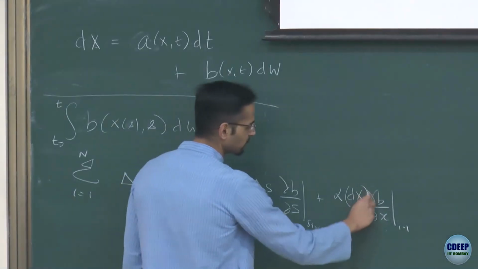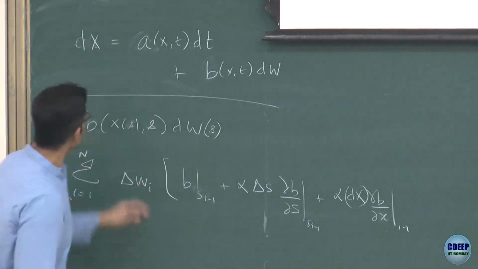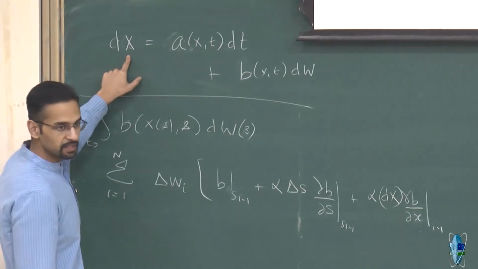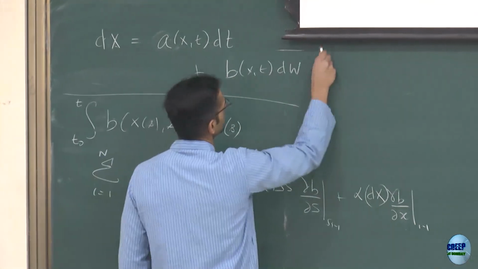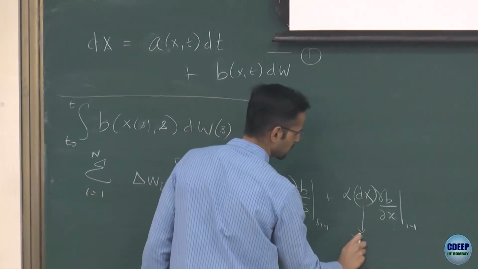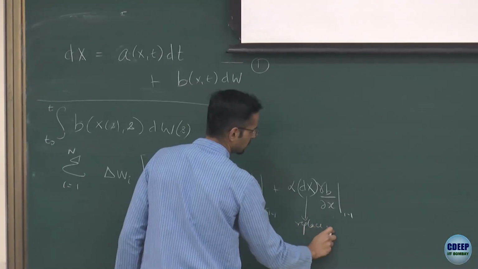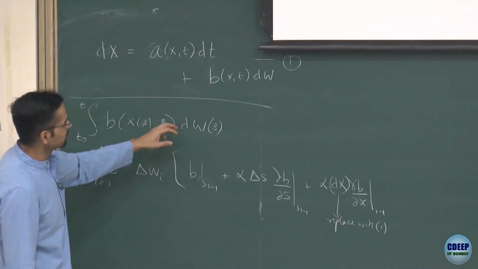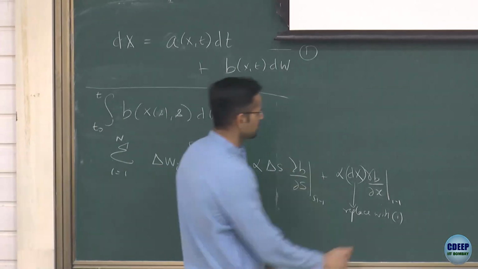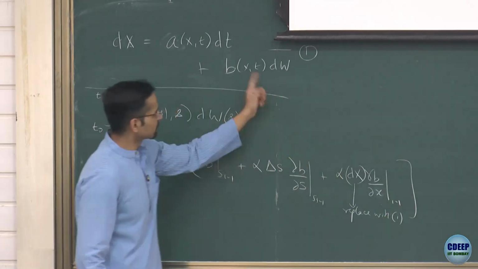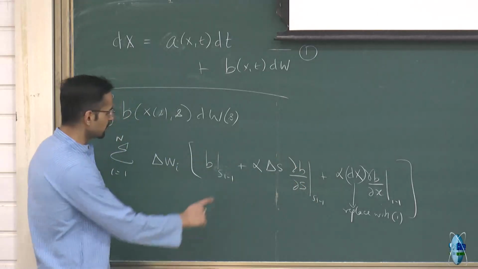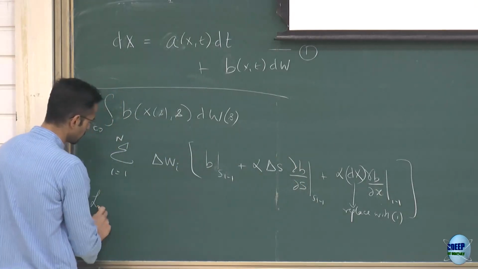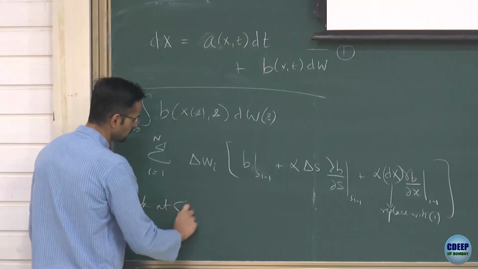And now the important thing is this dx, I can replace with the SDE, equation 1, and then what we will see is that I will get a dW from there.